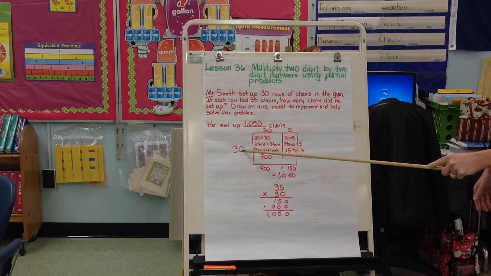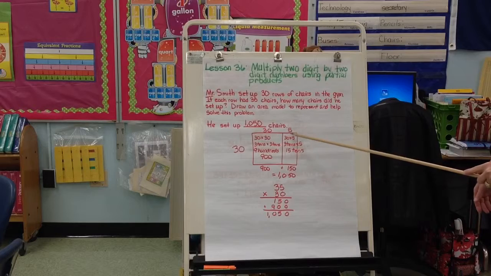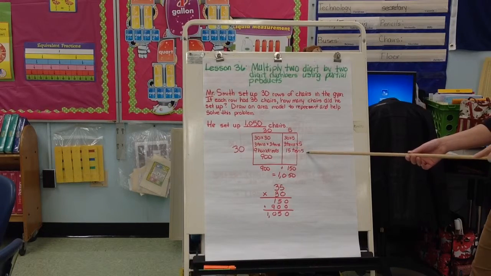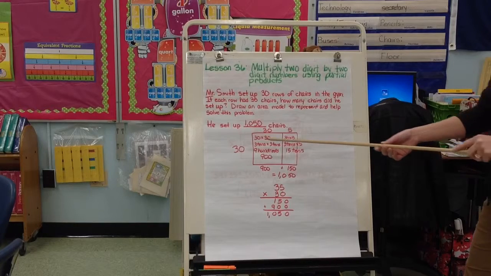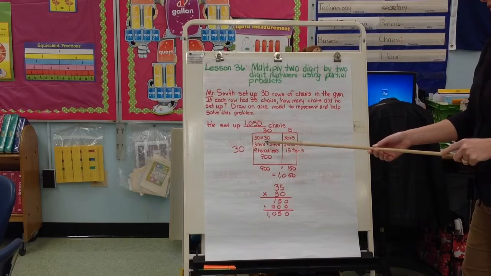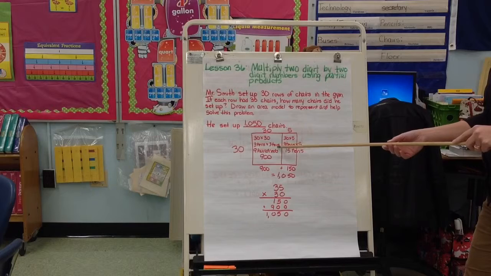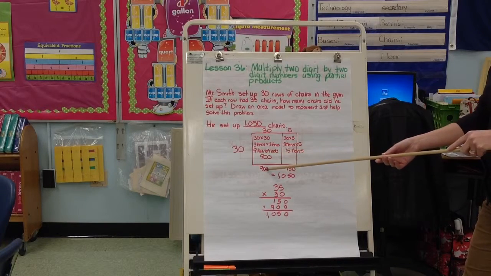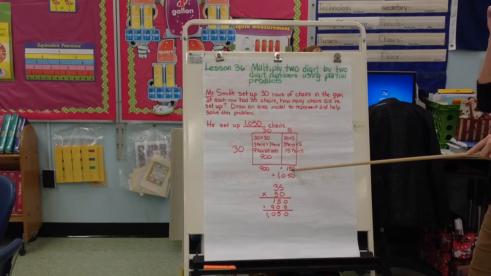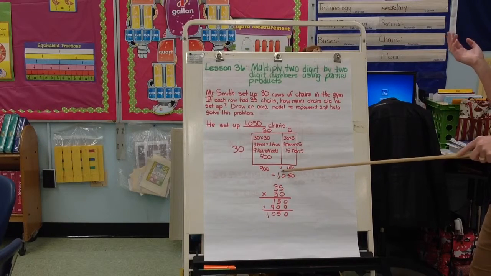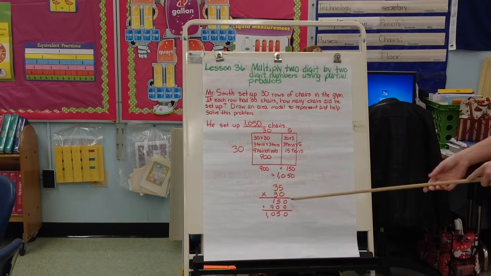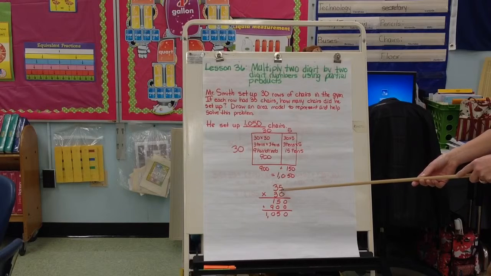So 30 times 5 is 3 tens times 5, or 15 tens. 30 times 30 is 3 tens times 3 tens. That gives us 9 hundreds. So we have 900 plus 150, because 15 tens is 150. That gives us 1,050.